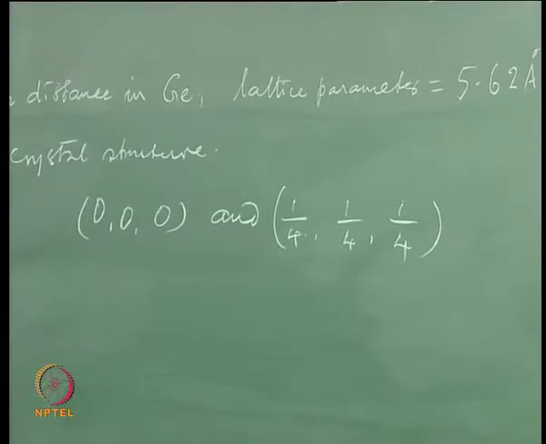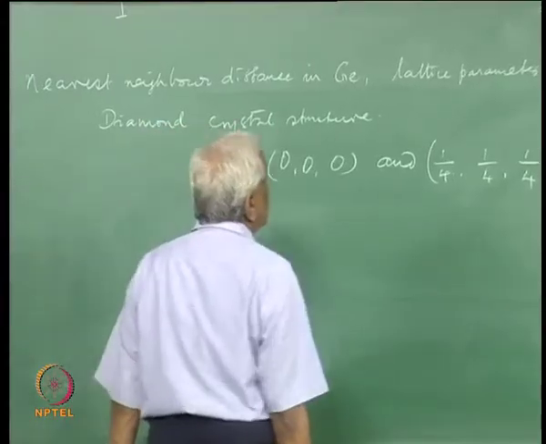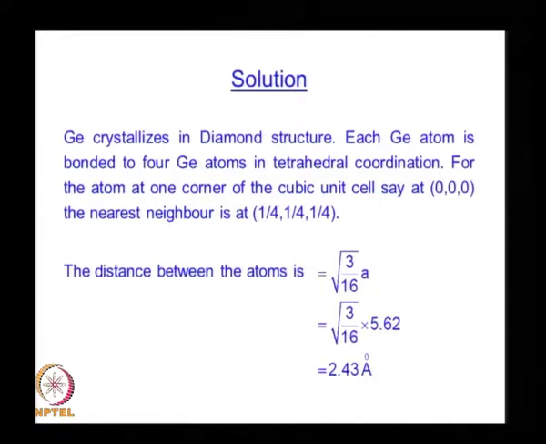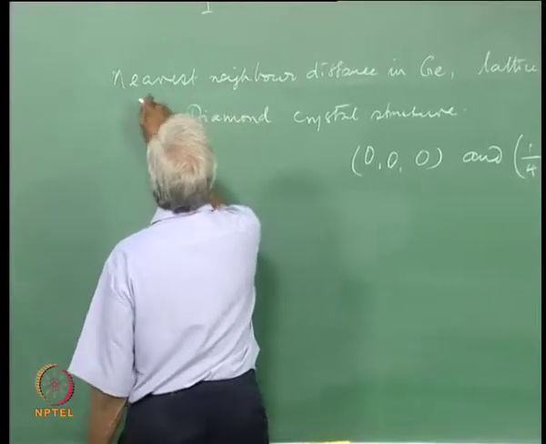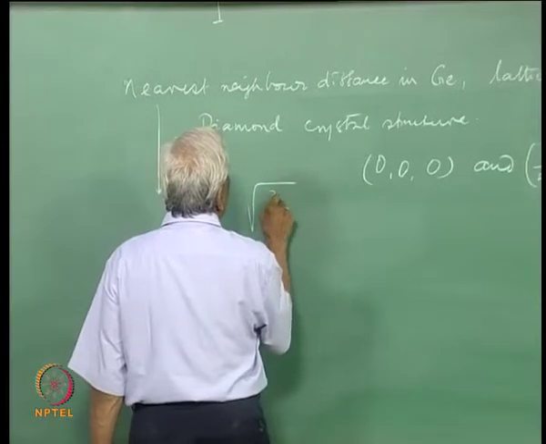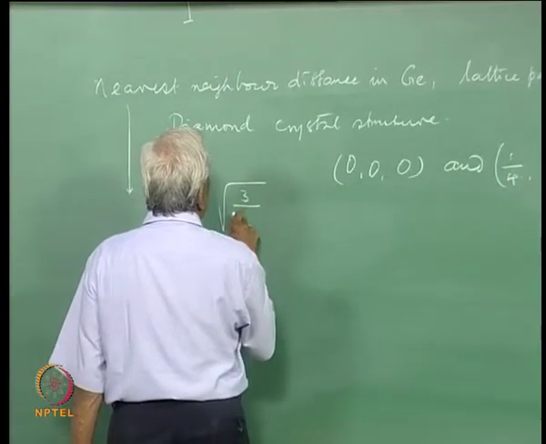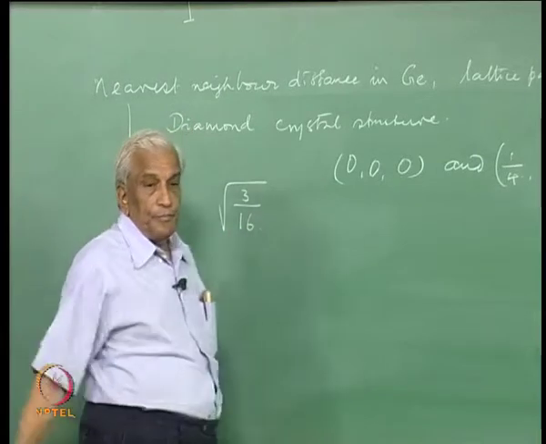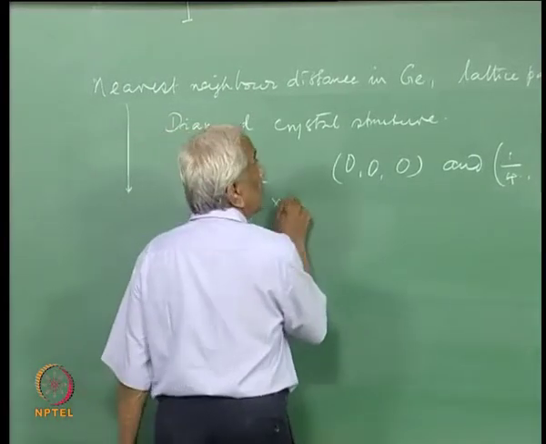So, this is the unit cell which is shown in the figure, and we have to simply use geometry. The distance which is asked is just root 3 by 4, which is root 3 by 16 times 5.62.